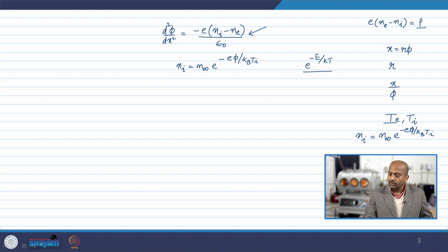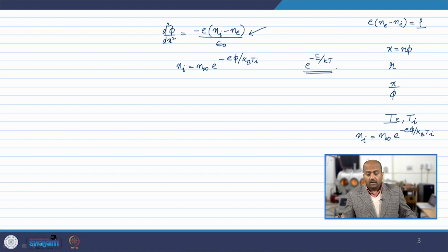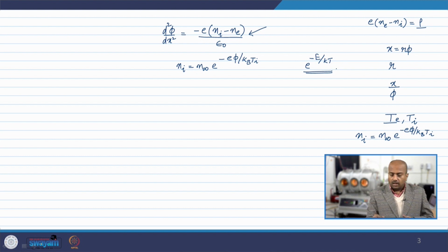If you have studied any first or second year level BSc, this may have been introduced while discussing lasers. And Ne similarly is n infinity e to the power of E phi by kBT.